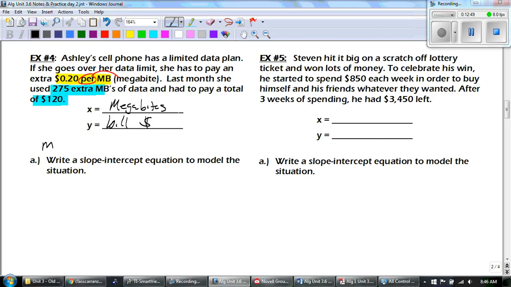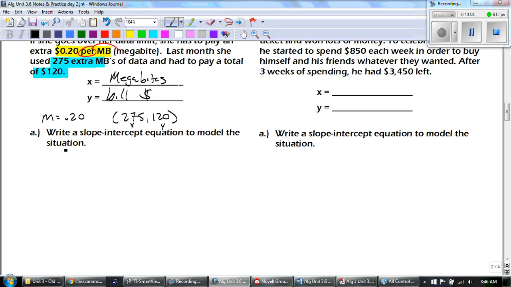Well, I know that our slope is 0.20, and then our point is right there, because that's our x and that's our y. So we have to go into point-slope. Okay, so y minus 120 equals 0.20 times x minus 275.